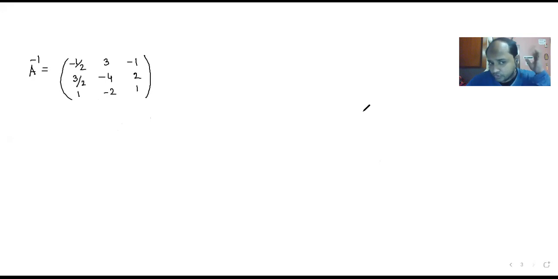That needs a little bit of practice. So don't worry that others can do it and you cannot. You will be able to do it after some practice. Just don't deviate from the rules I have stated for elementary row operations.